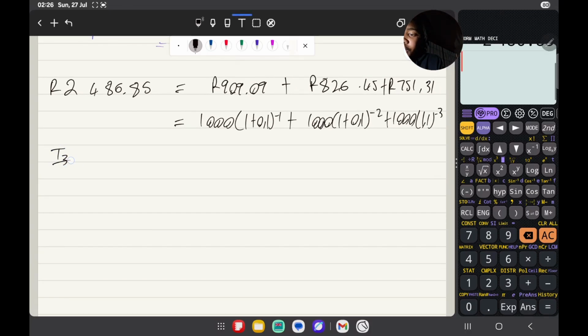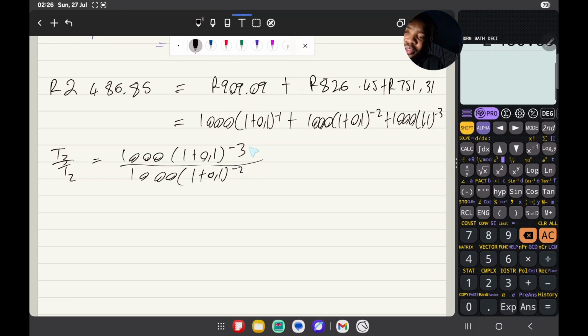So you'll do T3 over T2, which is going to be 1,000 into (1 plus 0.1), I just wrote it as 1, I didn't write it as 1.1, to the power of negative 3, over 1,000 into (1 plus 0.1) to the negative 2.